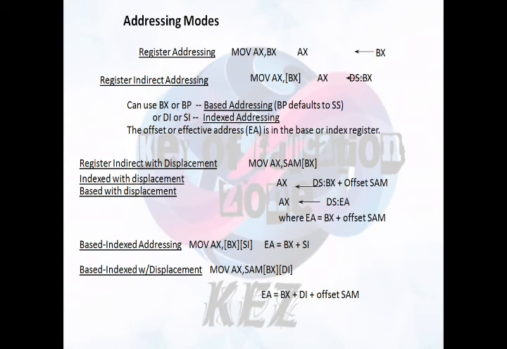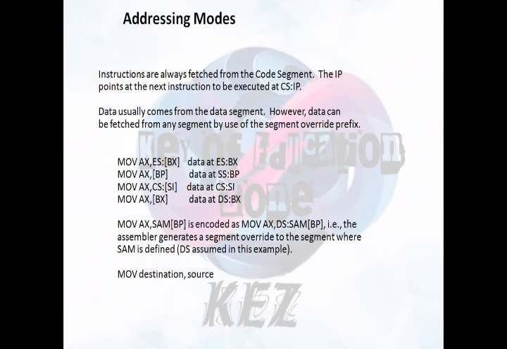Next, I already told you how the address modes work. Now I have to tell you the details of the address modes before ending this video, this lecture, this tutorial. Just see, addressing modes means what?